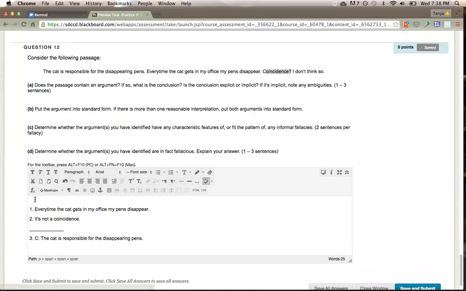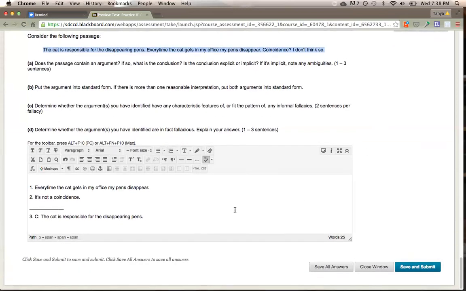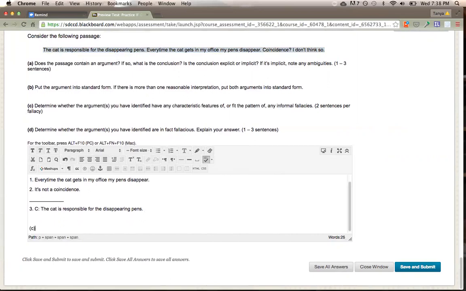Importantly, this captures what we were actually given. We've made a few changes to help clarify the argument. However, this is still ultimately going to be a fairly superficial reconstruction of this argument. We can do better, but maybe we don't see it yet. So let's go on to part C. We can always come back and fix up our reconstruction as we think about it more deeply.